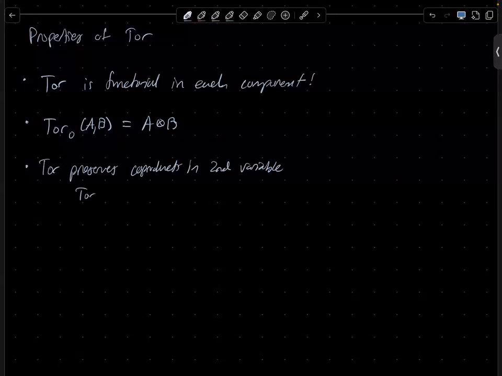So for Tor_i of A with the coproduct over alpha of B_alpha, again, this could be any coproduct, could be infinite, this thing is isomorphic to the coproduct over alpha of Tor_i of A, B_alpha. I wrote that down right. Yeah, okay. And colimits as well.